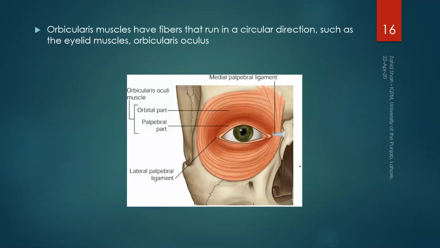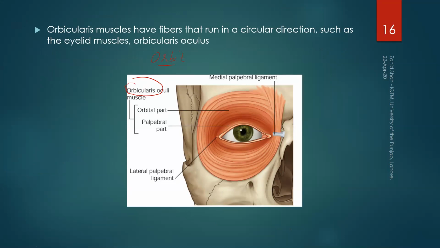Similarly, some muscles can be circular in orientation. So some muscles around your eye. The word orbicularis is from the word orbit. So they are circular in orientation. Orbicularis muscles have fibers that run in a circular direction, such as the eyelid muscles.